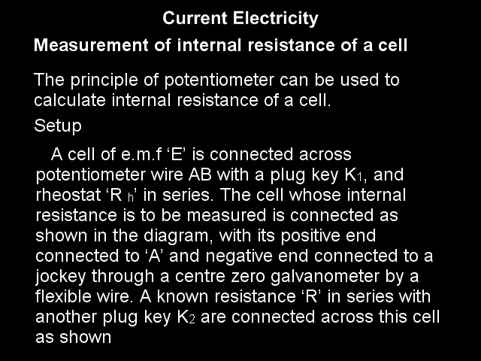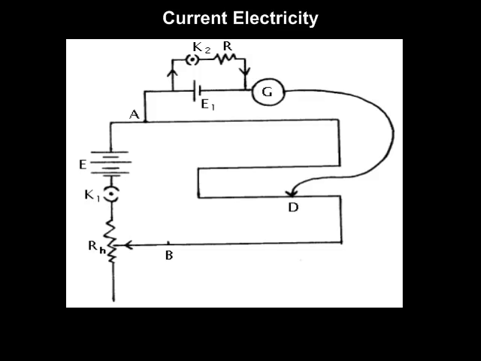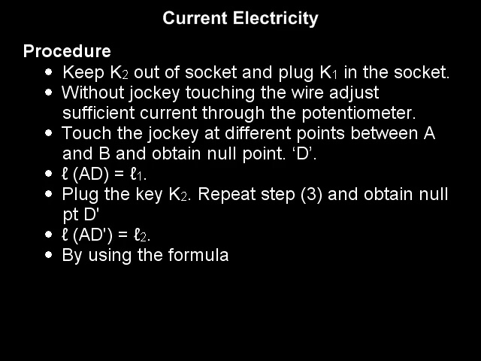A known resistance R in series with another plug key K2 are connected across this cell as shown. To measure the internal resistance, first key K2 is kept out of the socket and K1 is plugged.